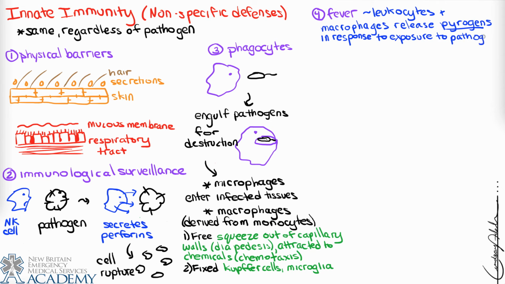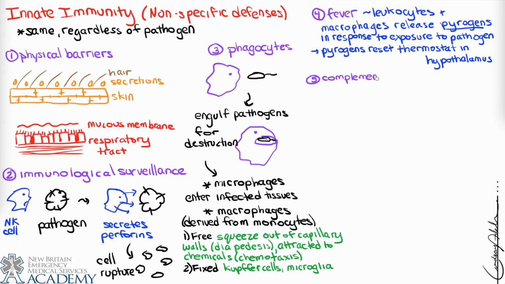So the important question is, how does it know to do that? Certain types of cells, like white blood cells, which are leukocytes, and macrophages, will release pyrogens. They're basically chemicals that will change the set point in the hypothalamus, so raise the body temperature to a higher set point. I think, though, that commonly pyrogens are now recognized to be cytokines, which are chemicals that we know to be present in the body.